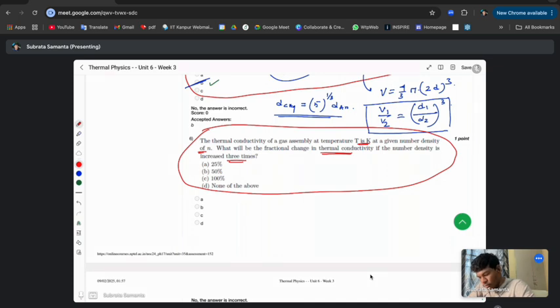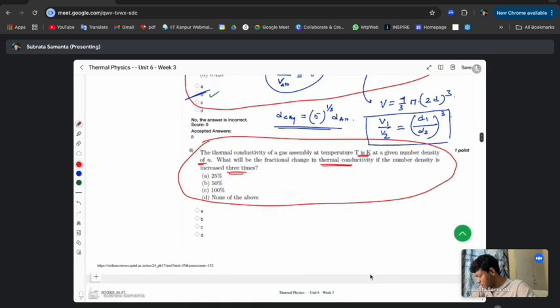So first we have to know how the thermal conductivity changes with the number density. If you know these things, you can quickly answer this question. So how does thermal conductivity change with the number density n? What is the expression of the thermal conductivity?